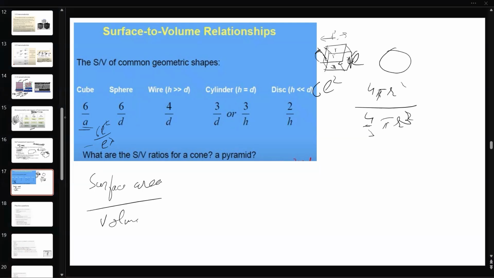Volume of a sphere, 4 by 3. I think this is incorrect.